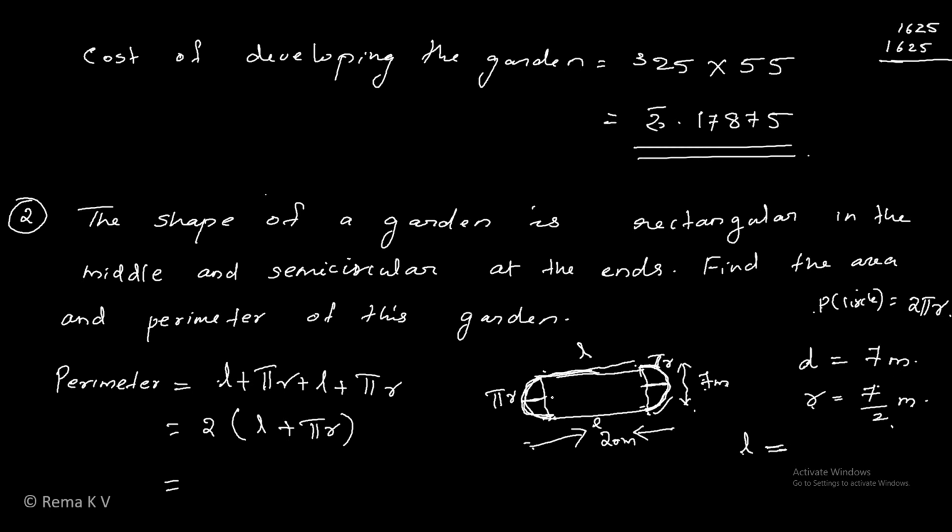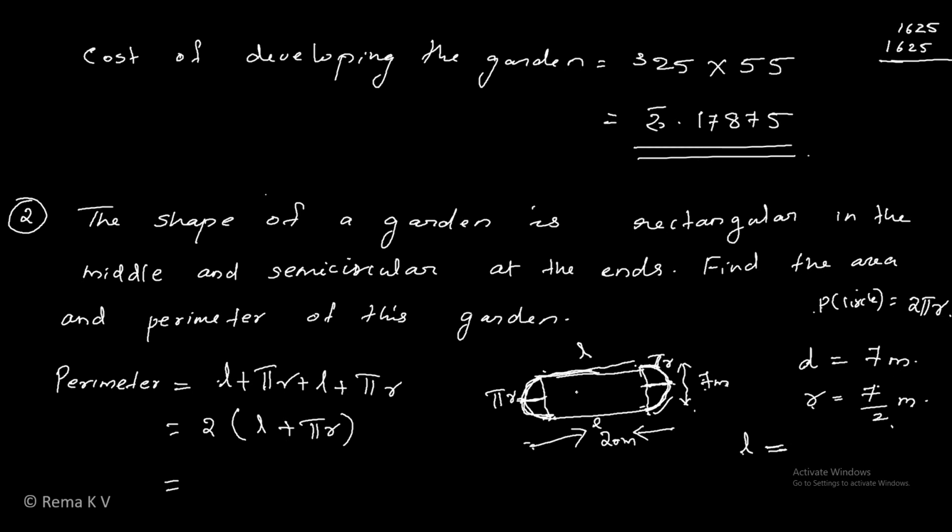The total length from this end to this end is given as 20 meter, and this radius is 7 by 2, this radius is also 7 by 2.